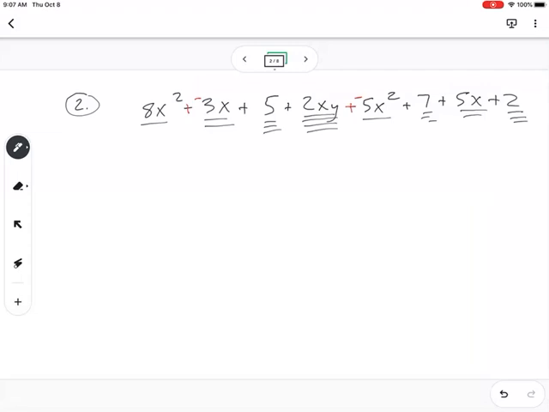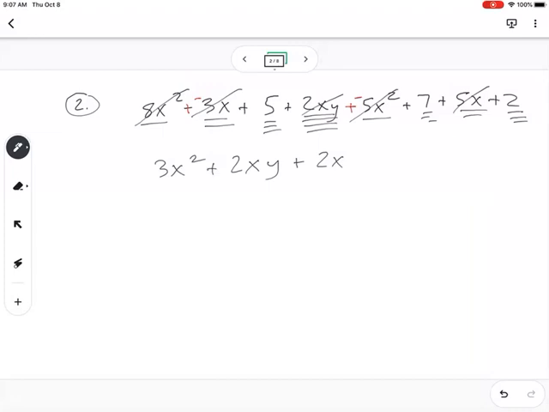Okay, so starting with the x squareds. 8 plus negative 5 is 3, so I have 3x squared. I will cross those out, so I know I'm done with them. I just have this 1, 2 plus 2xy, so I'll put that in there. I have a negative 3x and a 5x, so that adds up to 2x.